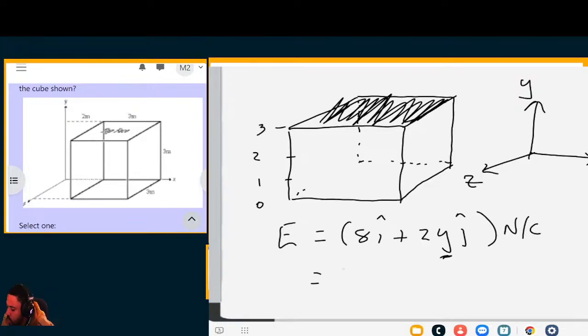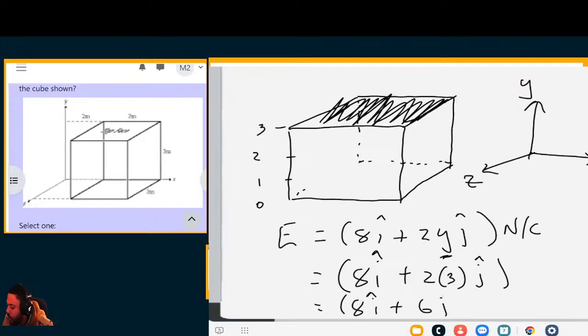So we're looking only at the top surface, and the top surface is situated at y equal to 3. So we plug in y equal to 3, j hat. The electric field at the top surface is then 6 j hat, in newtons per coulomb. This is the value of the electric field going through the top surface. We have that now.